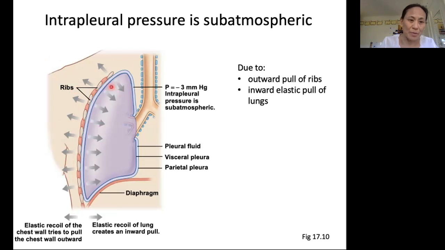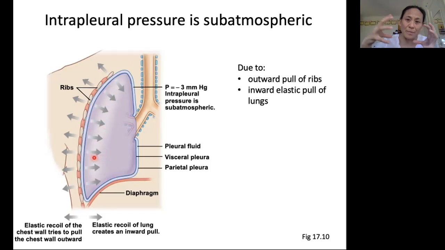On the inside of the pleura, we have the lungs with their natural tendency for elastic recoil, right? So remember that the lungs are kind of like a balloon. They want to collapse, but they're being held in place by the pleura, okay? So the lungs are trying to move inwards, or they're trying to collapse.